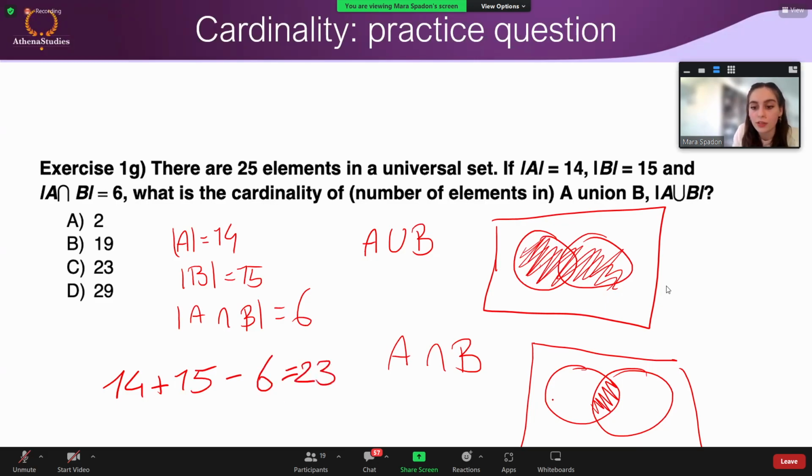If we did not remove the intersection, we would count it twice because it is present in set A, but also in set B. So we have to remove it once, otherwise we're counting them double. So if we want to know what is A union B, we take all the elements of A and all the elements of B, and we subtract its intersection.